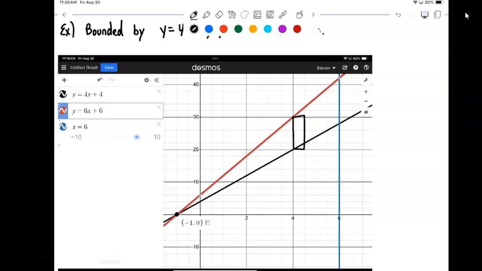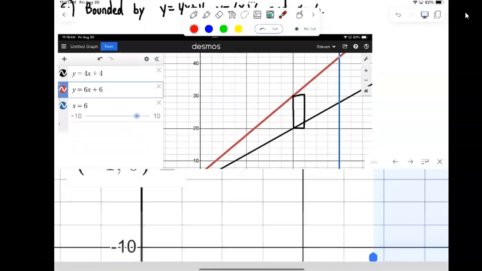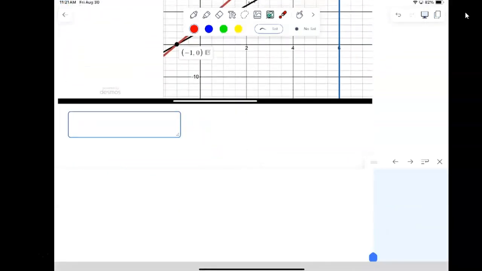So it's going to be the integral from, again, -1 on our x-axis, where they start at, over to 6. And it's going to be the red graph minus the black graph. And so let's put that together and work out our integral.